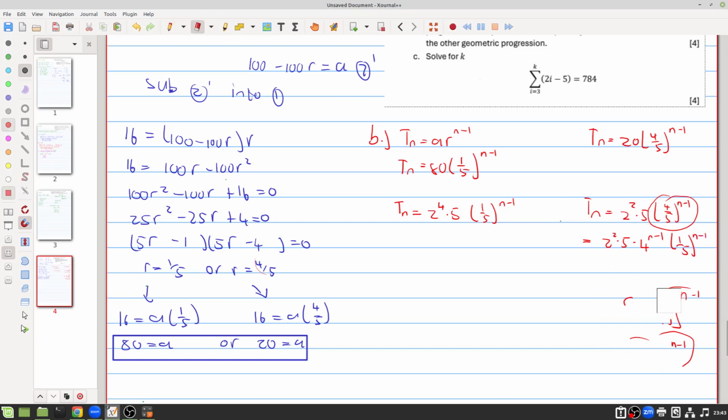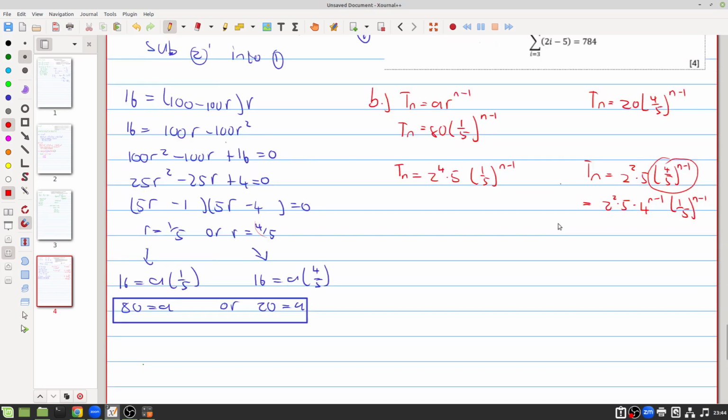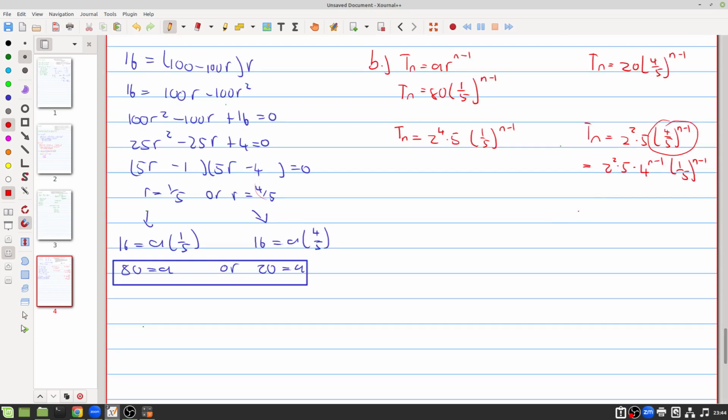Okay, let me erase this again. So now we're starting to get somewhere. We already have a 4 to the power n minus 1 idea, which sort of makes sense here. Now let's continue with this one and simplify it more. So 2 to the power 2 is just 4.